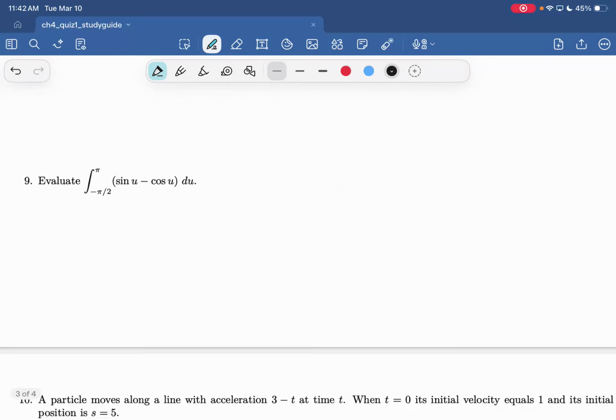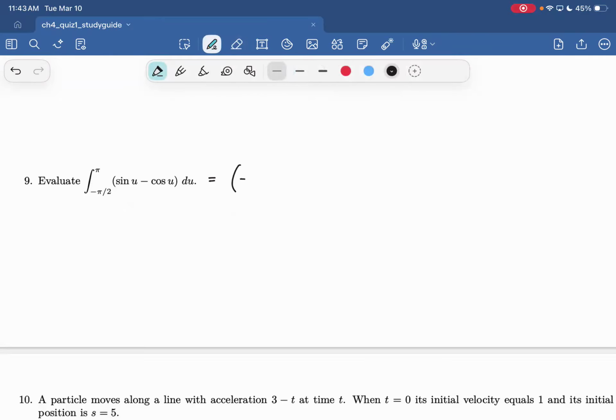Next question, evaluate the integral from -pi/2 to pi. For this question, we should first evaluate the indefinite integral. So the indefinite integral of sine u minus cosine u is negative cosine u plus sine u, it's not correct.